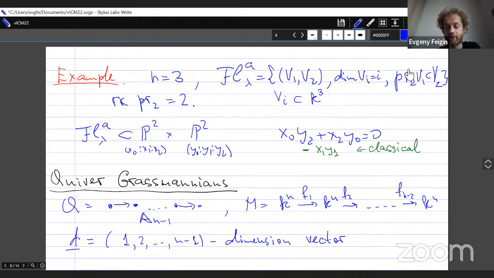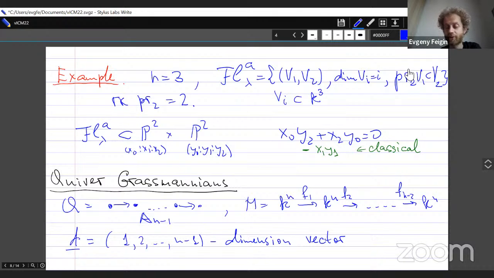V1 is one-dimensional, V2 is two-dimensional, and we have the only condition for these two subspaces in a three-dimensional vector space, saying that there is an operator Pr_2. Actually here, this Pr_2 is any operator with one-dimensional kernel. If you apply it to a one-dimensional vector space, you have to land in the two-dimensional vector space.